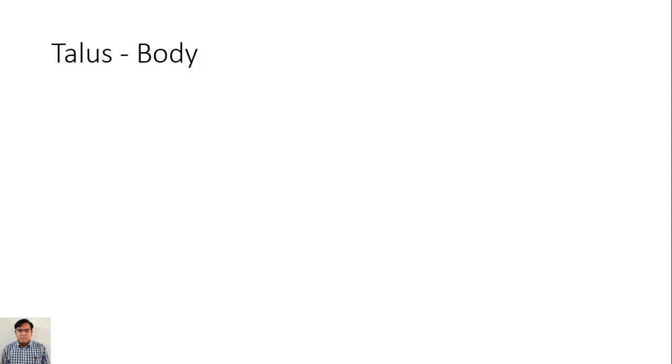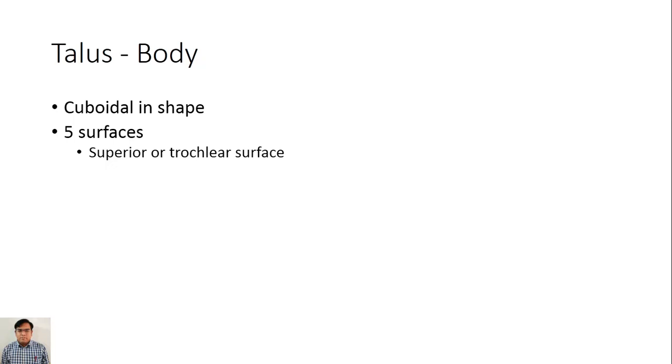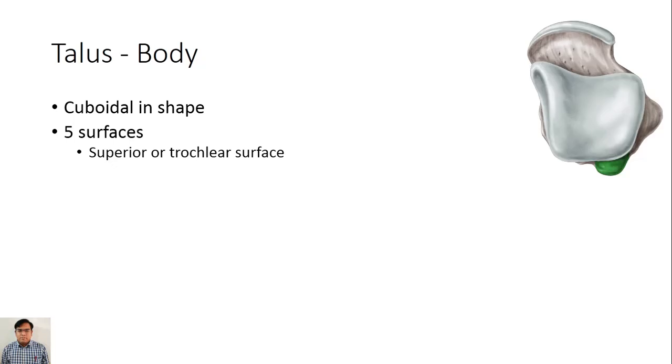Now the body of talus, it is cuboidal in shape, having 5 surfaces: superior surface or trochlear surface. This is superior surface which articulates with tibia.